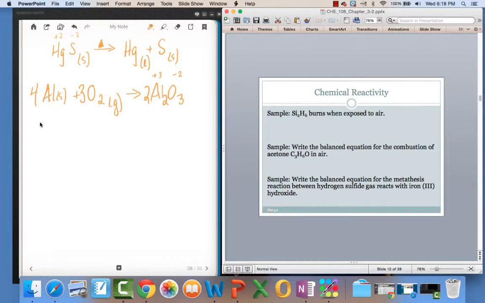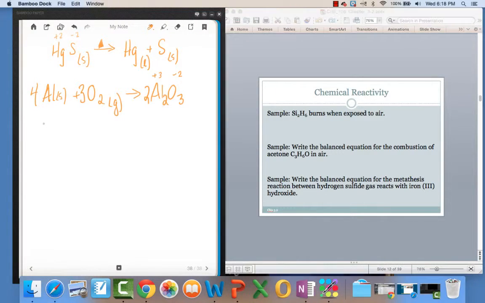Si2H6 burns when exposed to air. So here they gave me my reactant, Si2H6 plus O2 yields. Now this isn't straight combustion. This is a special one. Your silicon is going to combine with your oxygen, and I wouldn't expect you to know this, SiO2 and H2O.